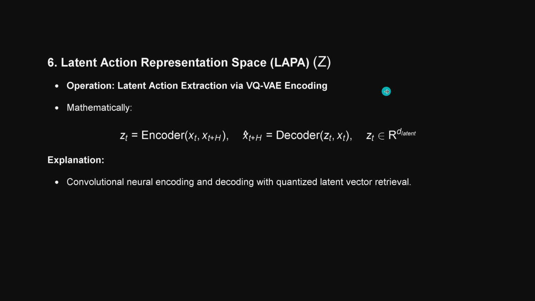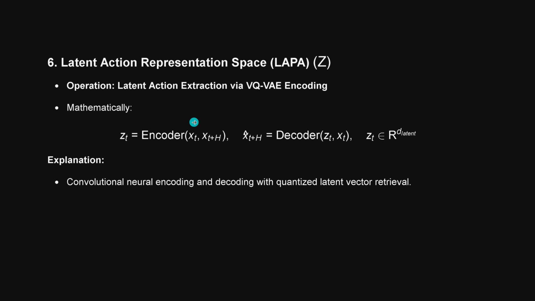But now we have this beautiful little thing called LAPA, a latent action representation space, where we have an action extraction of a latent vector via a vector quantized variational autoencoder encoding. And you remember my videos, please have a look if you don't.